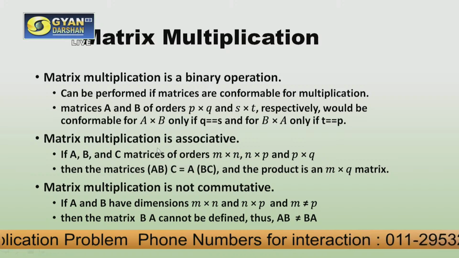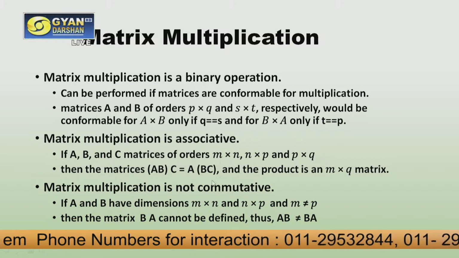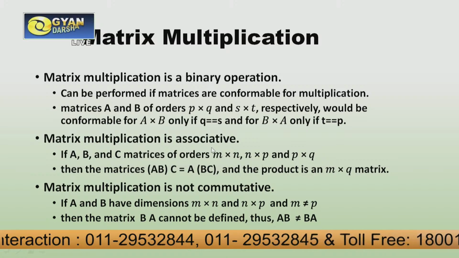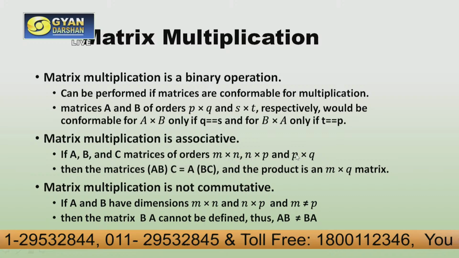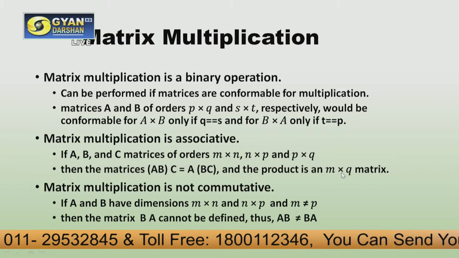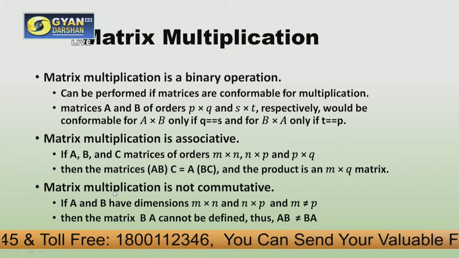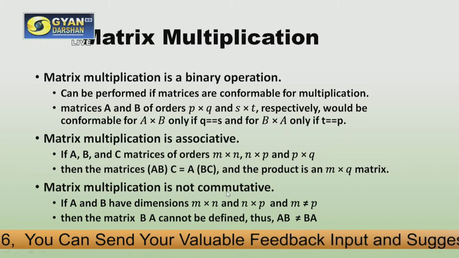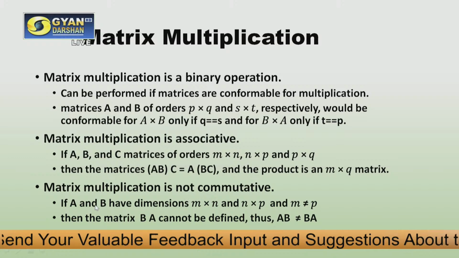Luckily for us, this multiplication is associative. So they are equal. And the final product is going to be of the order M cross Q. That is what you can see here. Matrix multiplication is not commutative. Unfortunately, it is not going to happen.